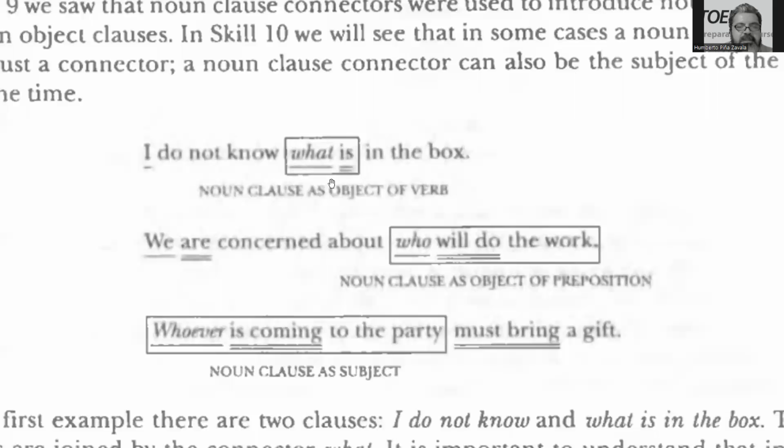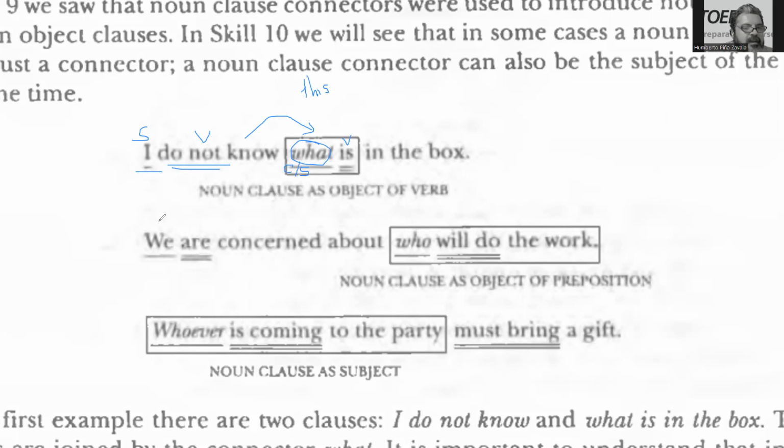Here the noun clause is the object of the verb know. I do not know this. What's that you don't know? I don't know what is in the box. Within the noun clause, we have the connector, but it's also working as the subject of the verb is.